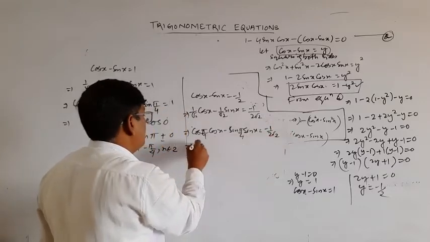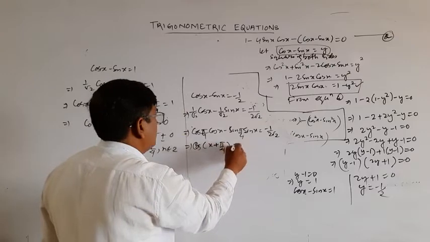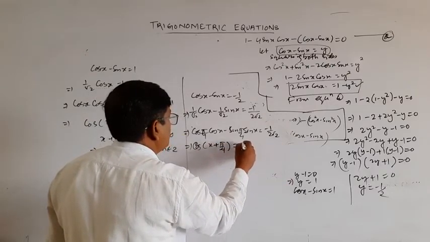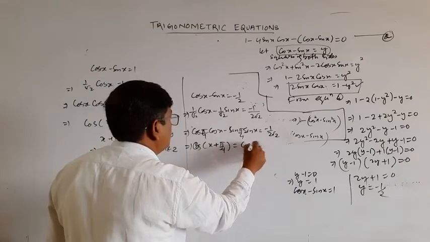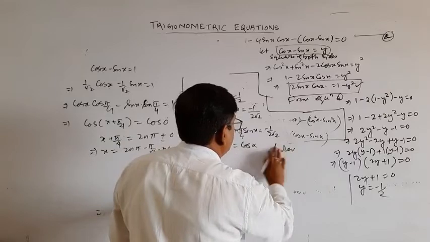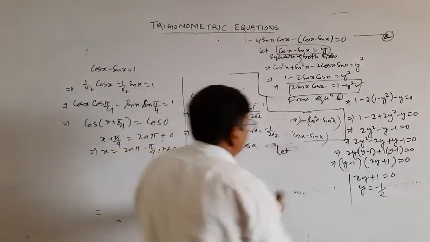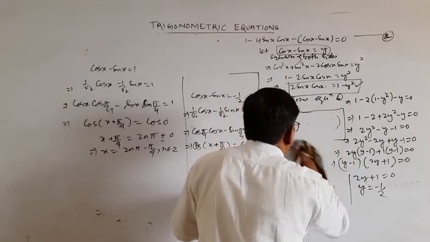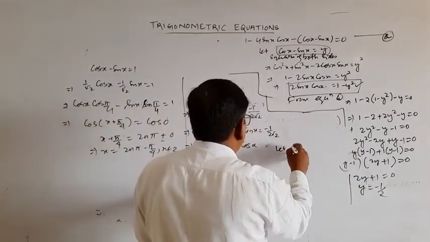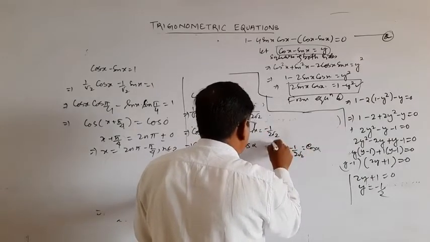So this is equal to cos of x plus pi by 4 is equal to, suppose this is cos alpha, where minus 1 by 2 root 2 equal to suppose cos alpha.